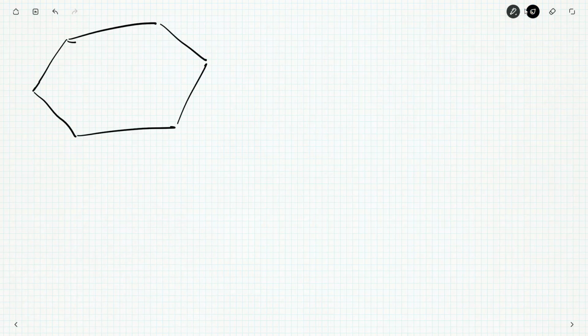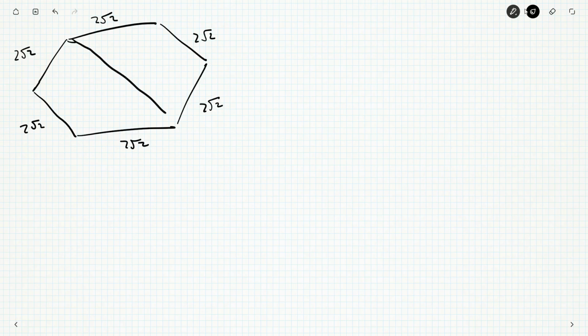And I know his side lengths are 2 root 2. But because these opposite lines here all go through the center, they all go through the same point, they go through the center of the cube, and they're all 4 root 2.